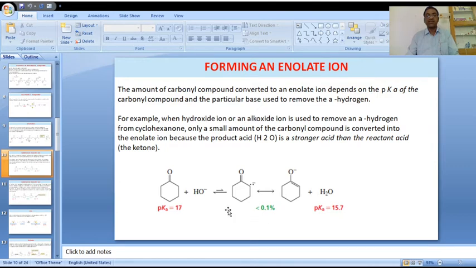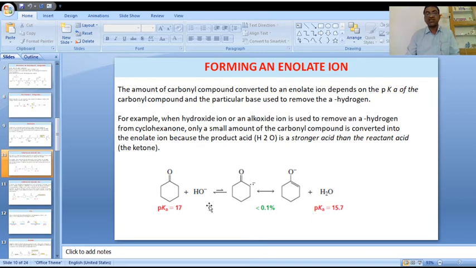One is that the cyclohexanone reactant pKa value is greater than the pKa value of the product acid, water, which is 15.7.